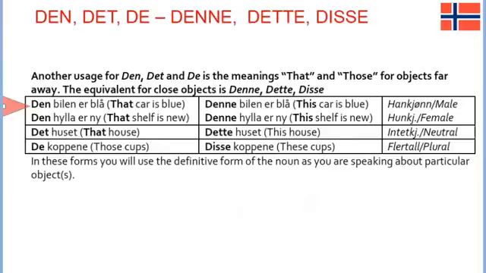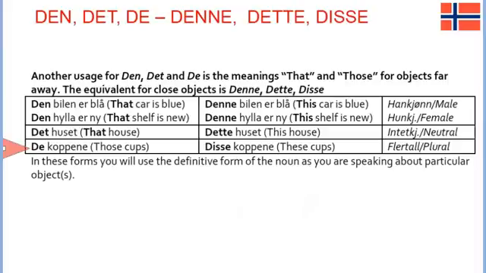The first one, bilen, an en ending, it's a male. Second one, hylla, it's an a ending, so it's a female. Same, det huset, that house. Huset is a neutral noun, therefore to express that you use det. And finally, de koppene, those cups. It's plural.